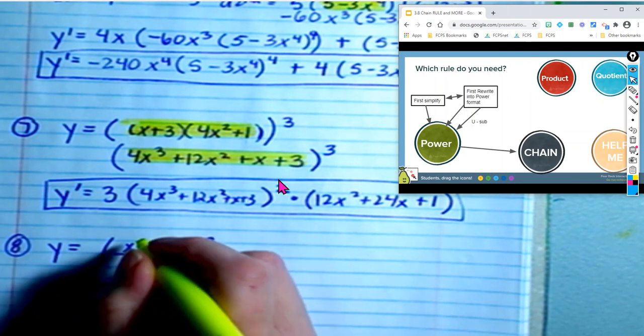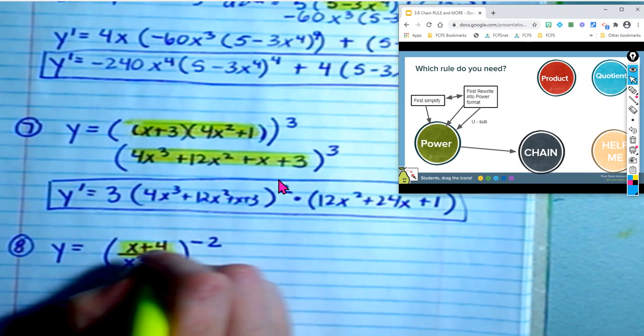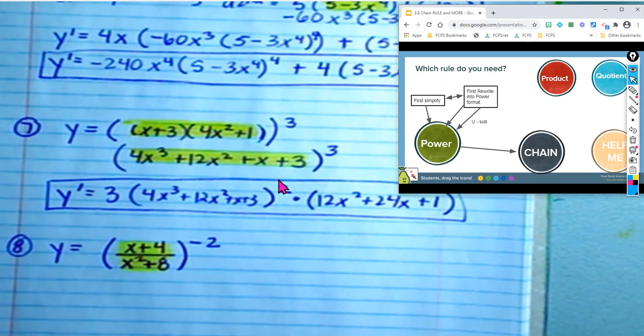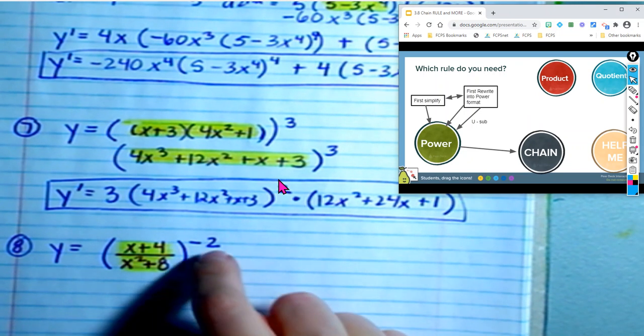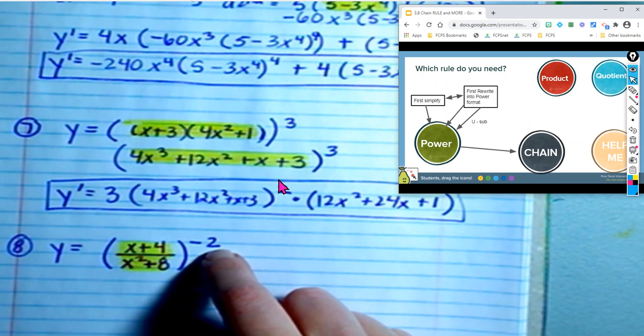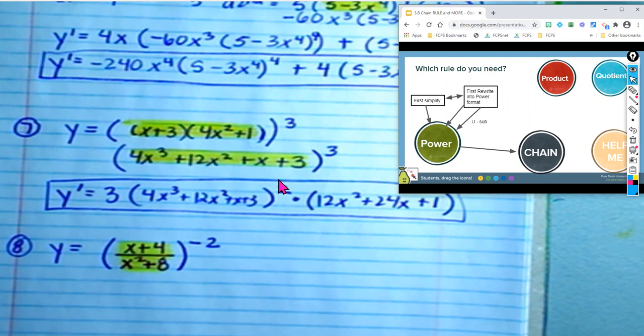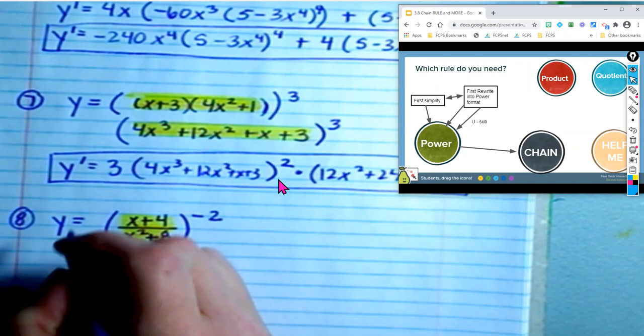I'm going to highlight what appears to be the quotient rule. But I see this outside power. So that means that I have a chain rule. And I'm going to rewrite this one with the U sub here, okay?